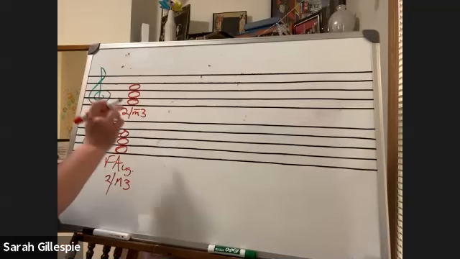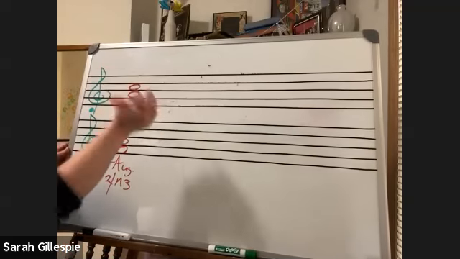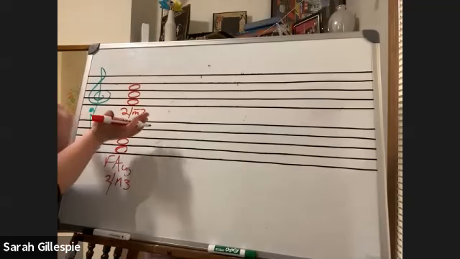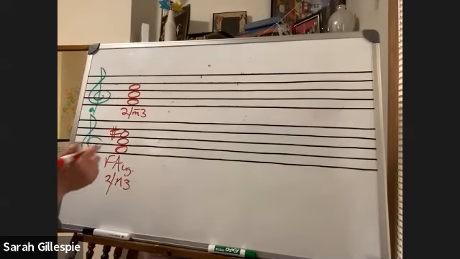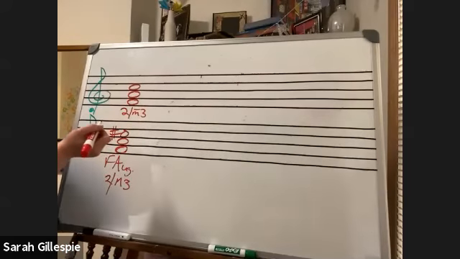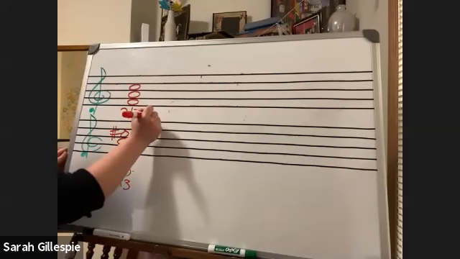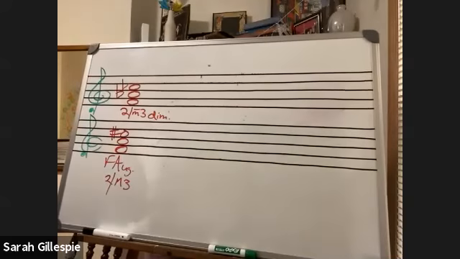So we have here an F major triad, right? Let's make it diminished. So if I want to diminish this, Alex, what do I have to do to alter this F major chord to make it diminished? You have to lower the A to an A flat, and then the C becomes a C flat. That is absolutely correct.